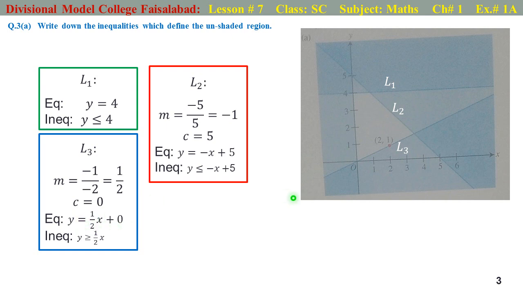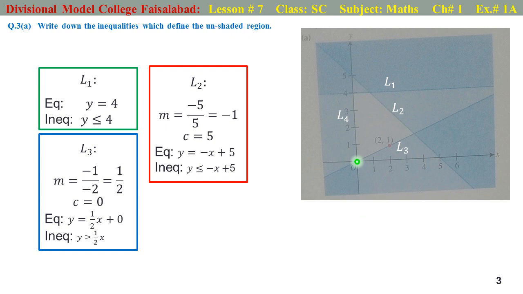Writing the inequality, we look at the line, which is a solid line, and the region above this line is defined. So we will replace the sign of equality with the sign of inequality, which is greater than or equal to. And the fourth line is a vertical line, passing through 0.